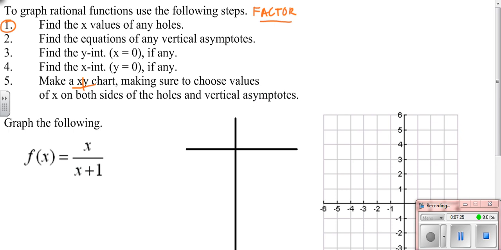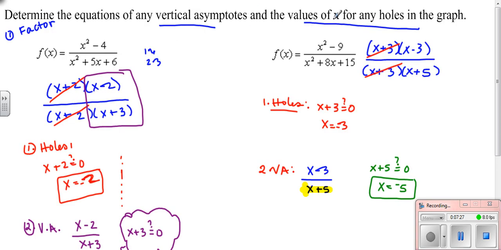Now I realized back here I forgot to actually find the coordinates of the hole. So to find the coordinates of the hole, okay, where exactly is it?